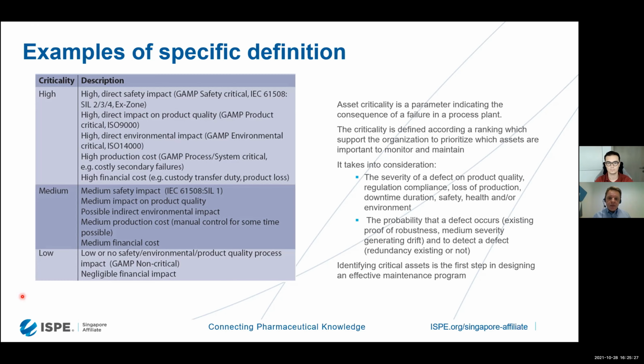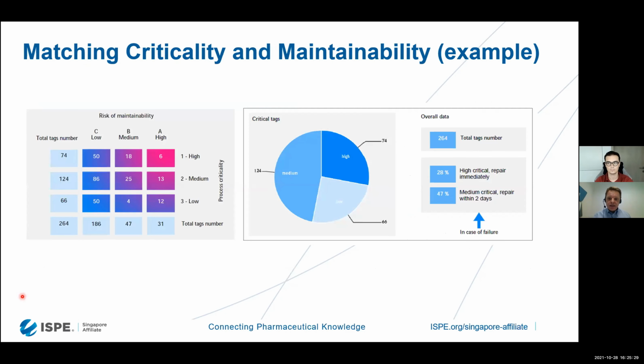What happens in the next step after we decide the criticality of the assets? We match them with the maintainability of these assets. Maintainability, if we use the formal definition, is the ability of an item under given conditions of use to be maintained at, or to be restored to, a state in which it performs a required function.